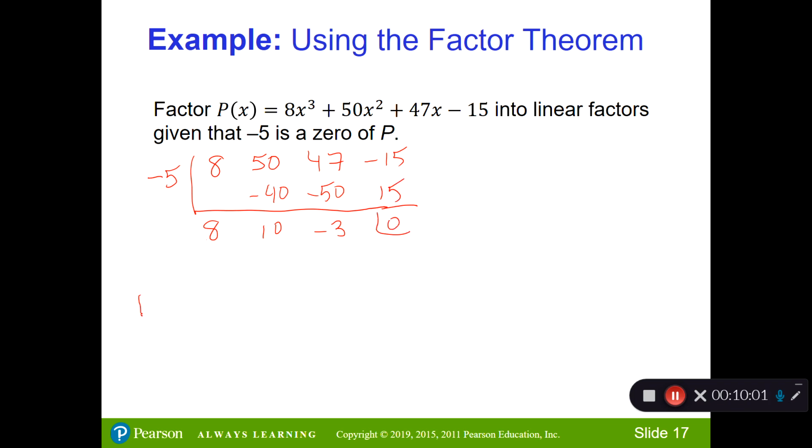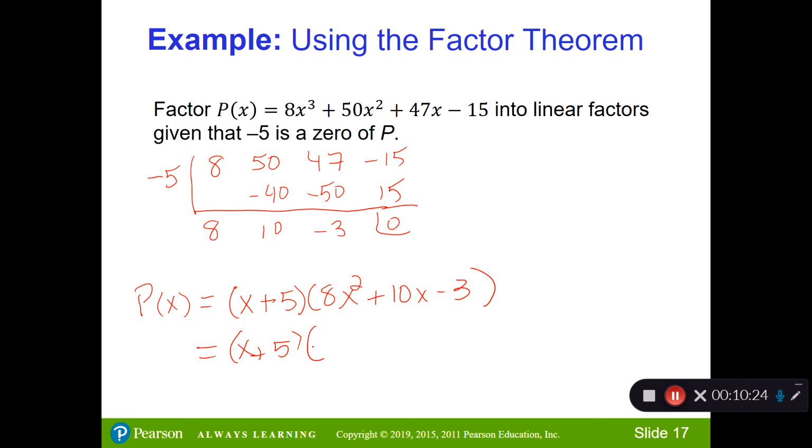So this polynomial factors into x minus this 0. So x minus negative 5 is x plus 5. And then this, remember, starts 1 degree less, times 8x squared plus 10x minus 3. Okay, now this is a quadratic, and so I can factor it again. x plus 5. All right, now I'm looking at the factors of 8 and 3. That'll make a 10.